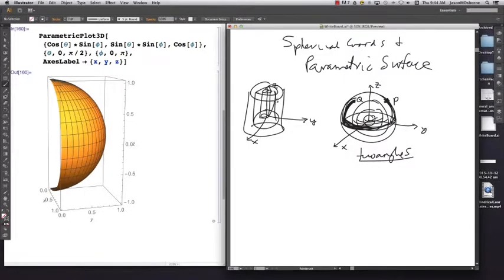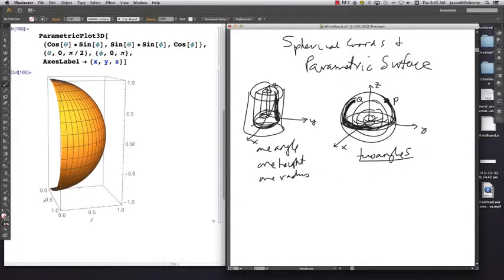In a cylinder, to get to a point P, all you needed to know was what radius you were on, and then you had to go around the cylinder in one angle and then just come straight up z. So there's only one angle in cylindrical coordinates, and you had one height variable and you had one radius variable.